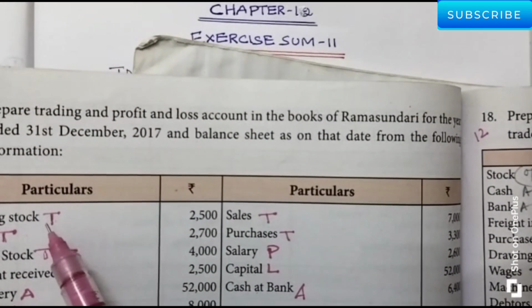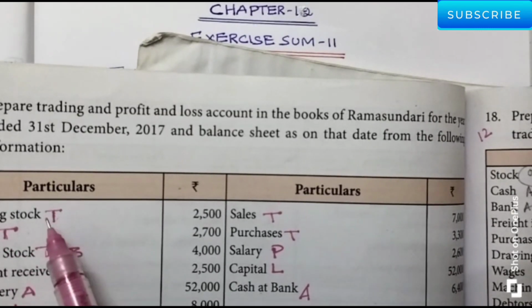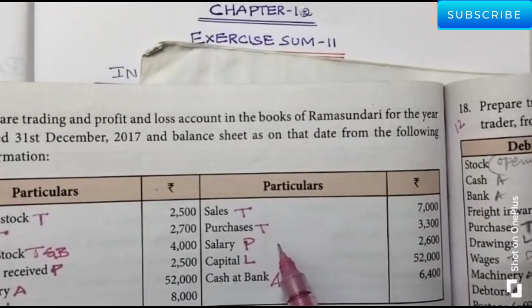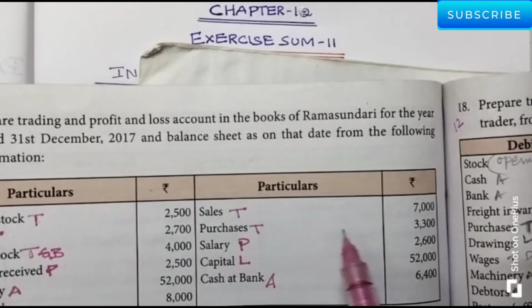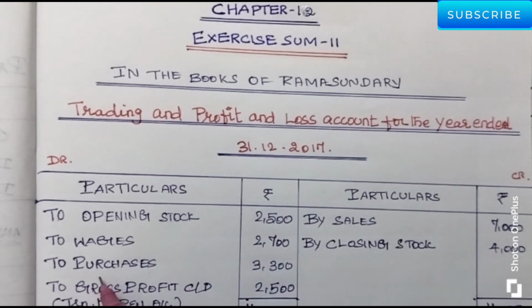Then after the opening stock, we always enter the purchases account. Okay, so on the debit side of the trading account, purchases 3300 we have to enter after the opening stock. If they have given purchases returns, you enter the purchases in the inner amount column.